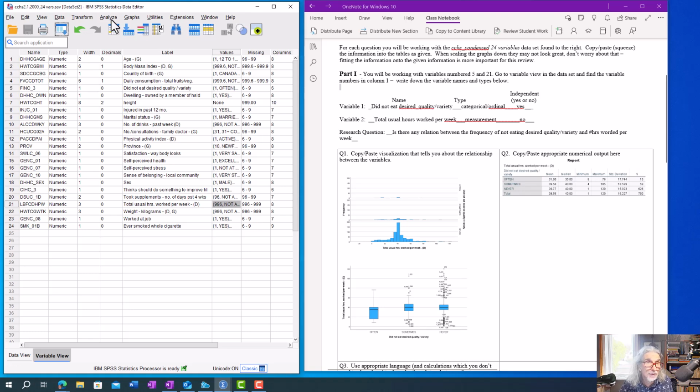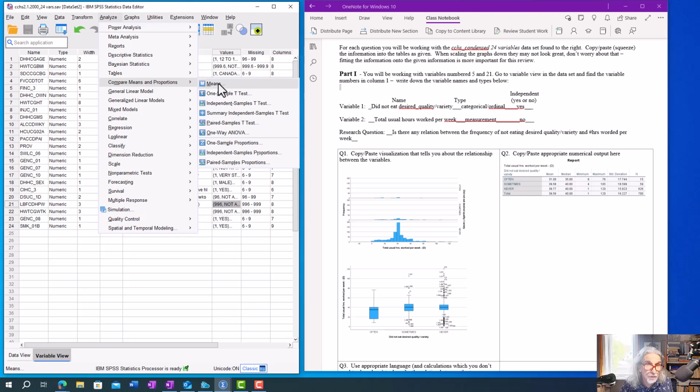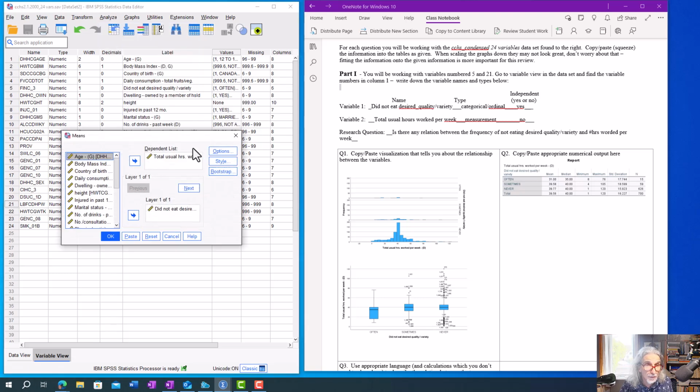And then the numerical data is under analyze, and we have a compare means function. So we just do compare means. That's all we need. Dependent lists, and did not eat desired food is the variable that the total usual hours worked is dependent on. And that produces this chart.